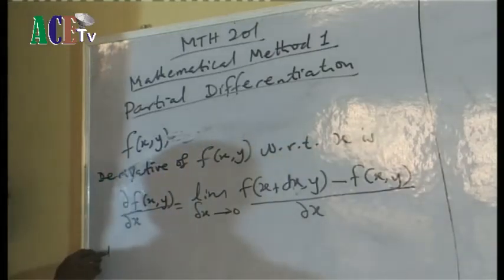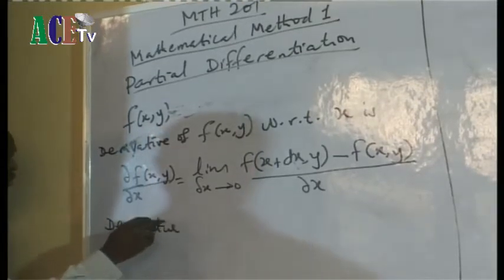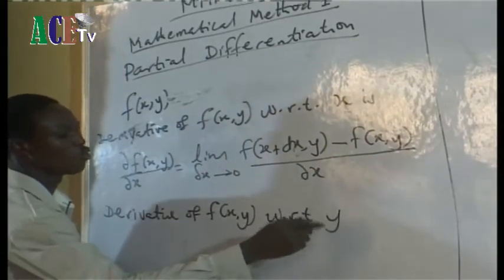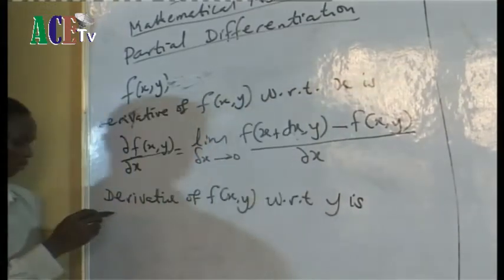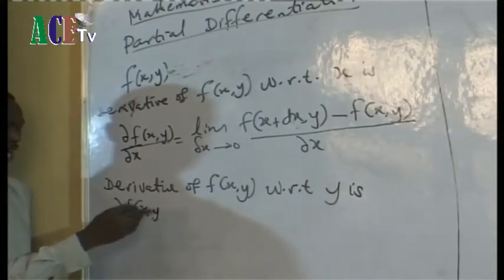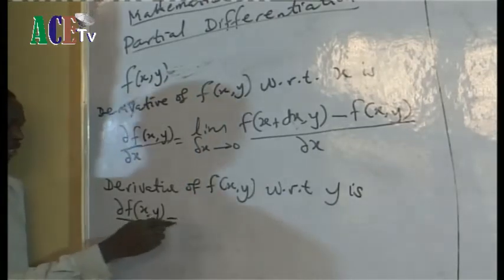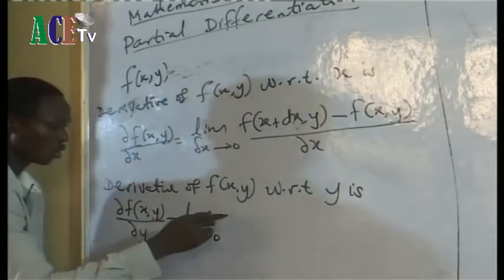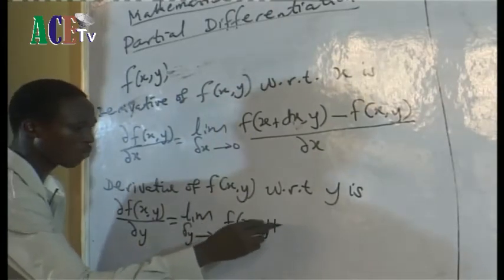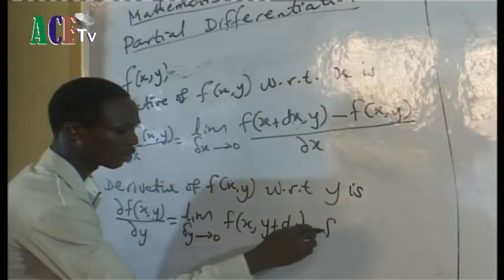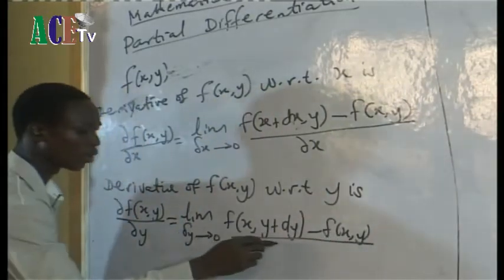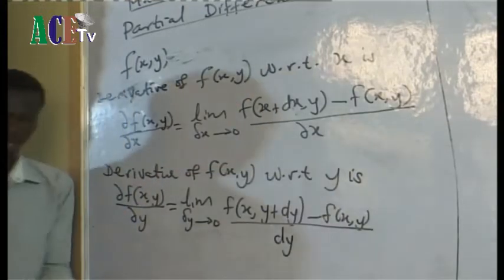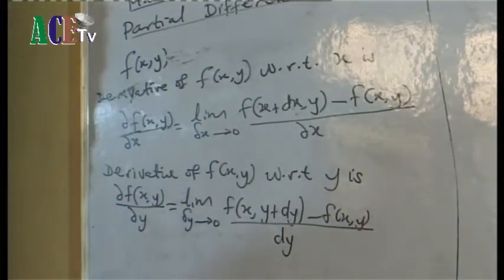Now, if I want the derivative of f of xy with respect to y, it is del f over del y, which is the limit as delta y tends to 0 of f of x comma y plus delta y, minus f of x comma y, everything upon delta y.